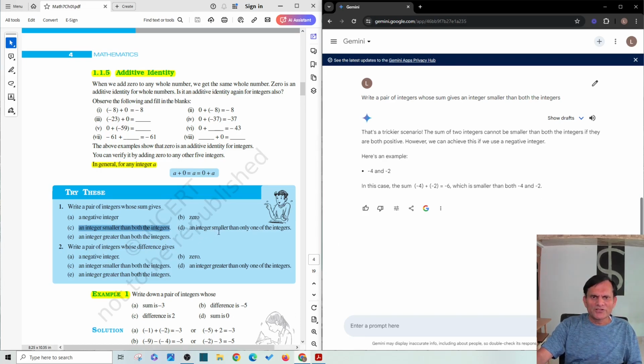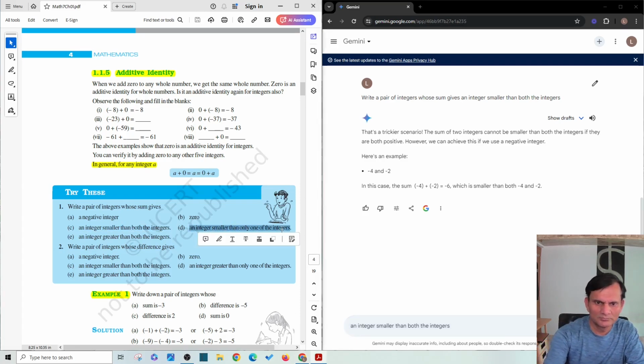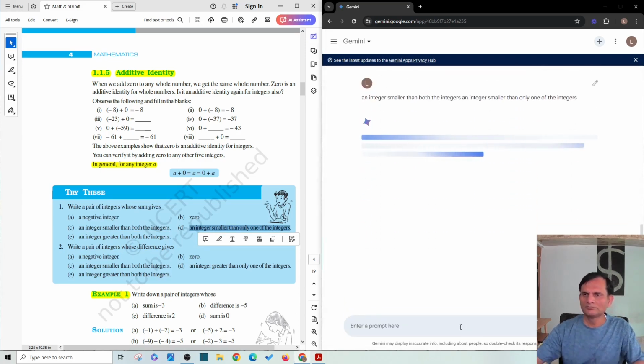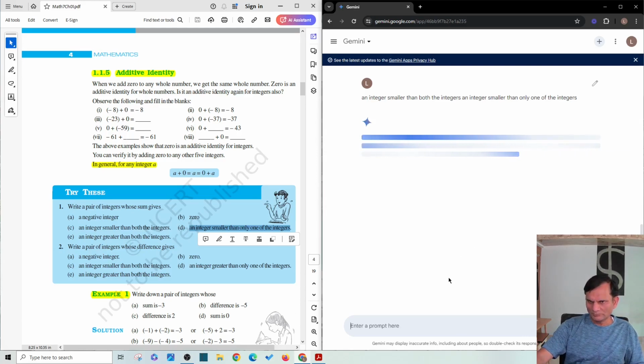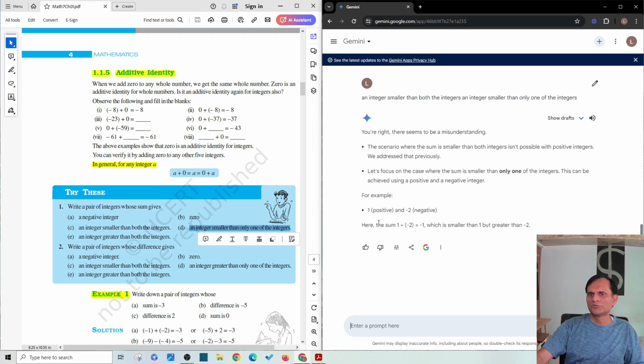Again, an integer smaller than only one of the integers. See, you take one positive and one negative, automatically you will get the answer. For example, 1 plus minus 2 equal to minus 1, which is smaller than 1 but greater than minus 2.